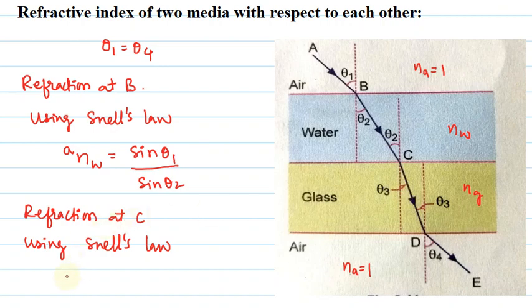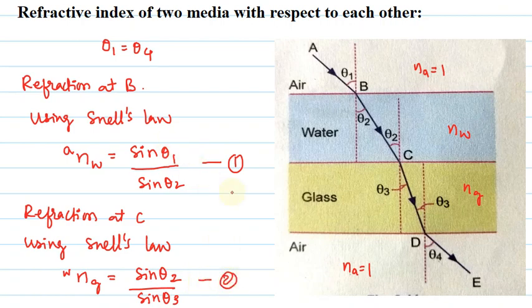I can write refractive index of glass with respect to water equals sin theta 2 upon sin theta 3. Let me consider this as expression 1 and this as expression 2.